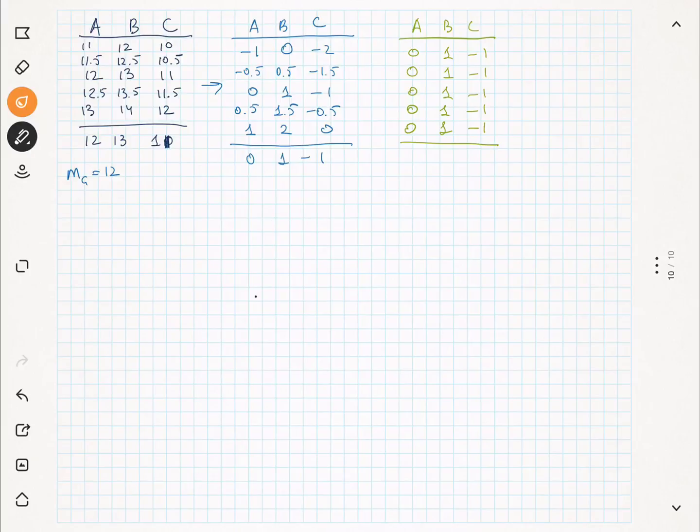Now the error part, we do it the same. So we need to take the total and subtract the systematic part, right? So minus 1, minus 0, it will be minus 1. And then it will be minus 0.5, 0, 0.5, and 1. And then if you repeat it for the others, you will get the same values. It's similar to what we had before, but the total variation will be smaller.